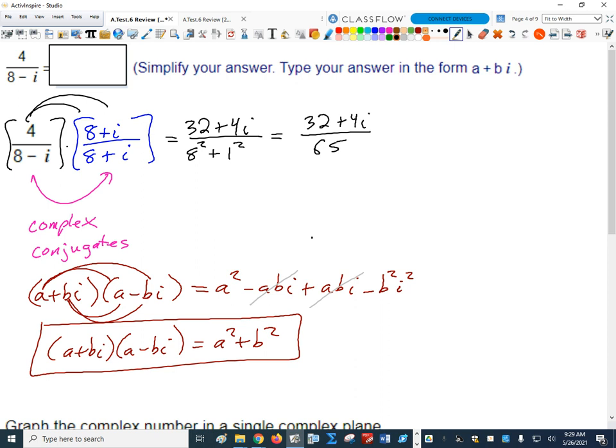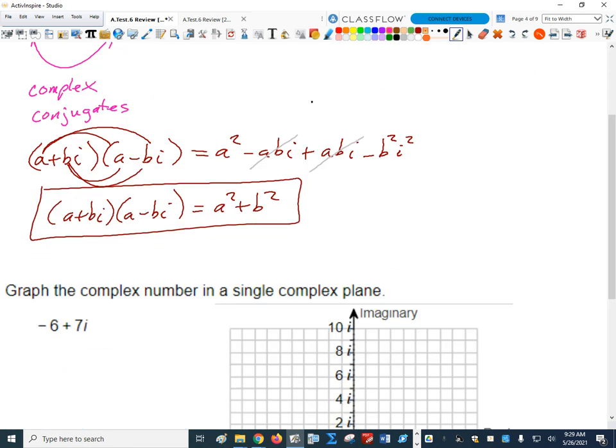And then we need to write our answer in standard form for a complex number. So, when I multiply the complex conjugates, notice what happens. The i terms all go away.